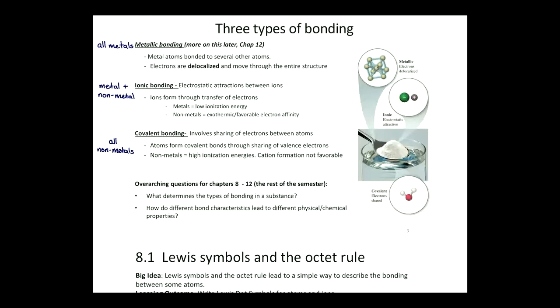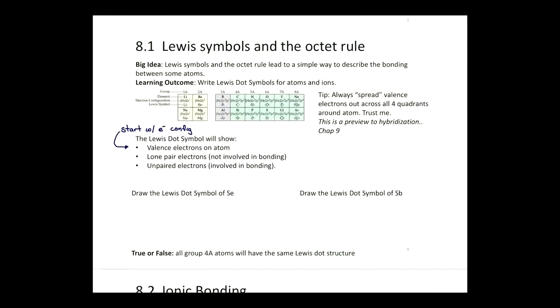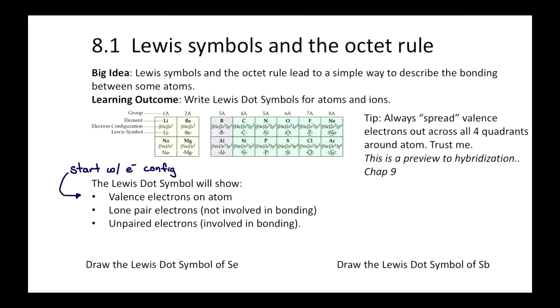Because what you see here is composition, and this bonding is telling me structure. And then finally, the last chapters we'll go over will tell us properties and how composition and structure can combine to give us different properties. All right, so Lewis structures, Lewis symbols.